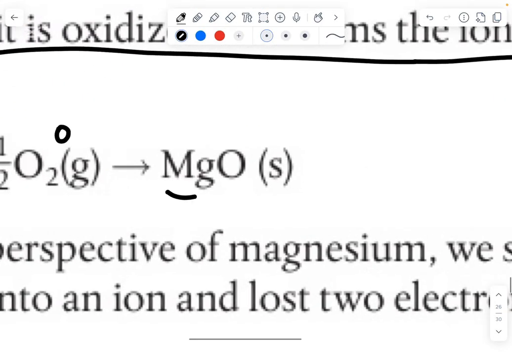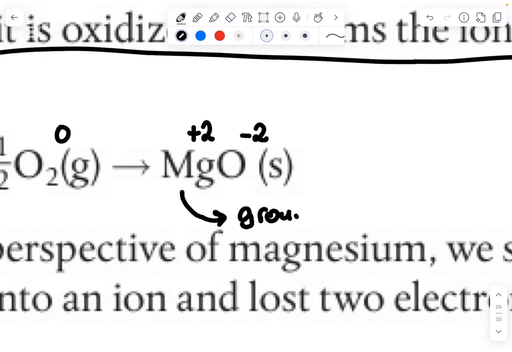However, now we have a compound, oxygen usually has an oxidation state of -2, and magnesium usually has an oxidation state of +2. This is because magnesium is in group 2 and has 2 valence electrons in its outer shell.